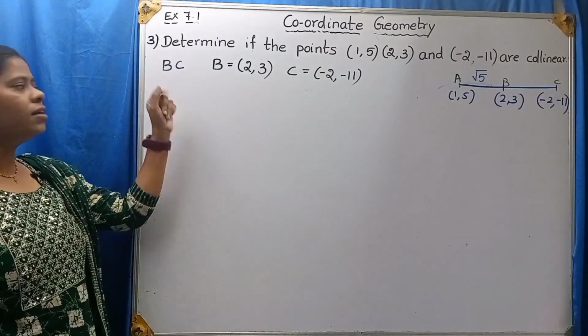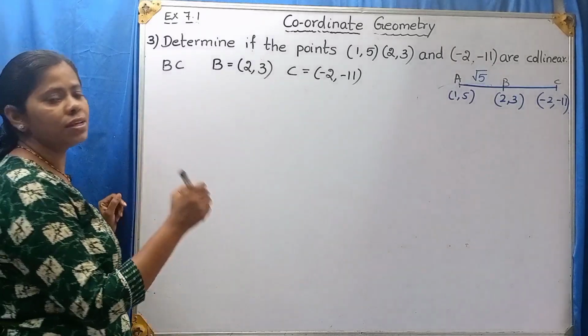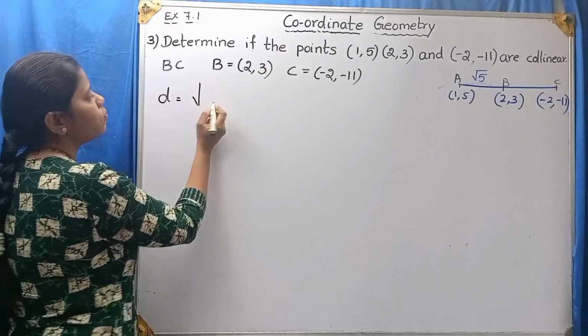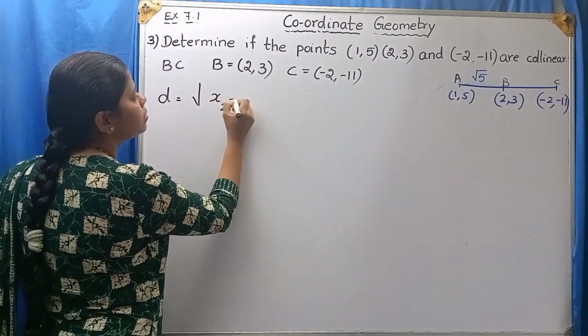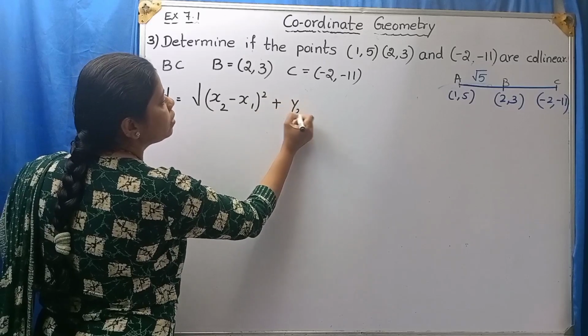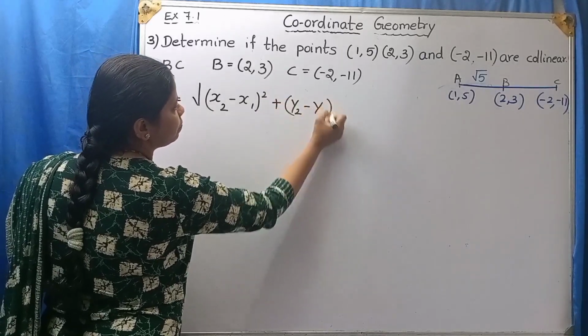We have to find out the distance between them by using the distance formula, that is D is equal to square root of (x2 minus x1) the whole square plus (y2 minus y1) the whole square.